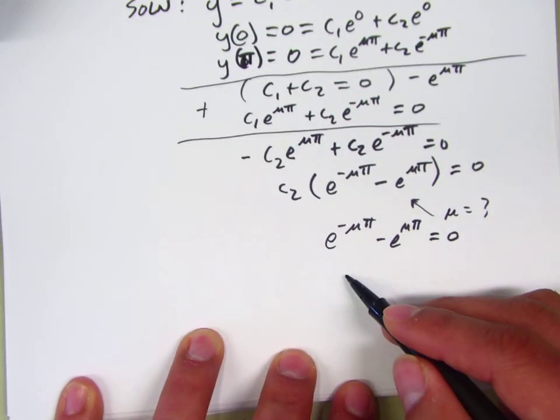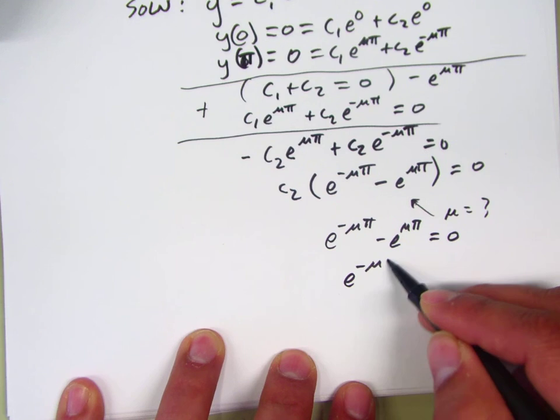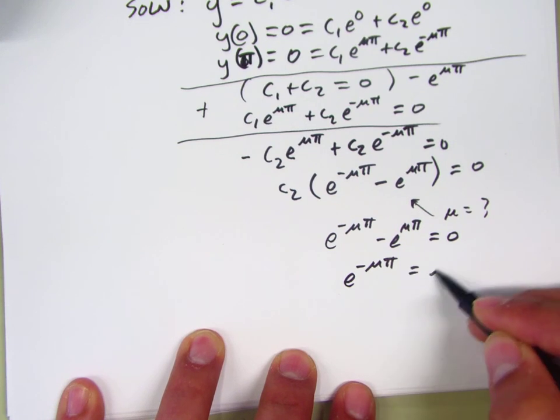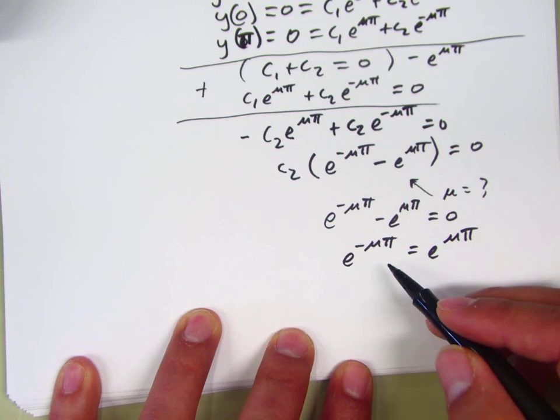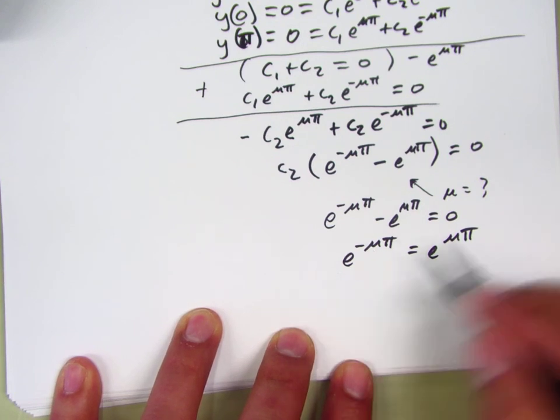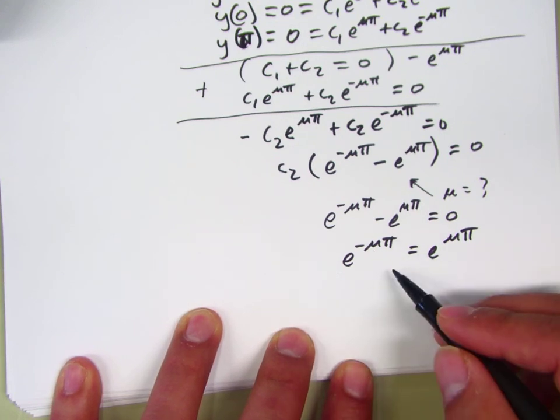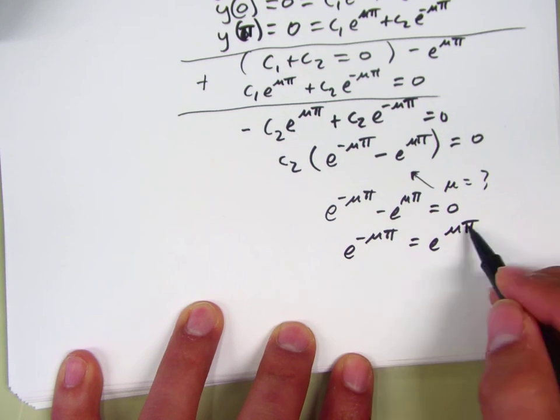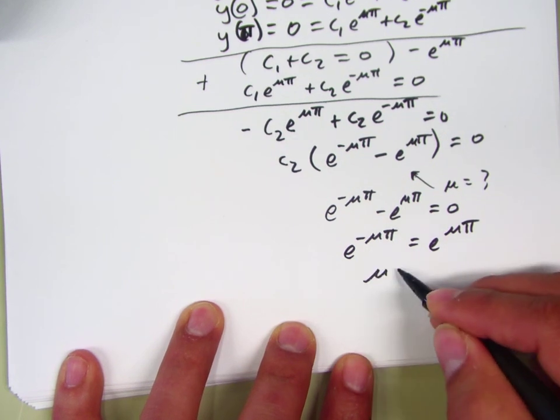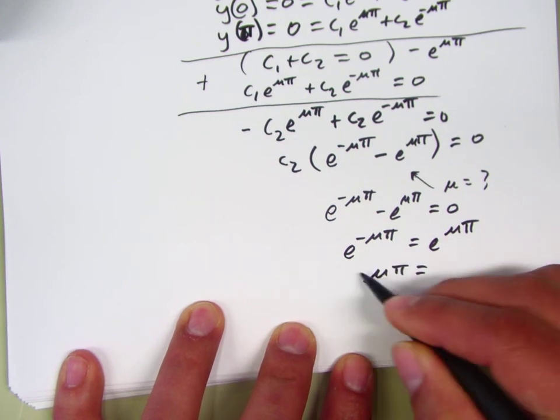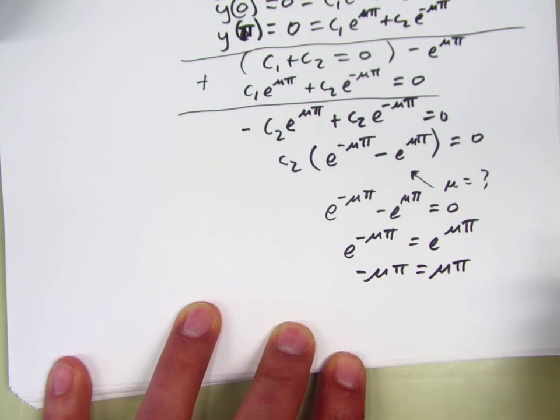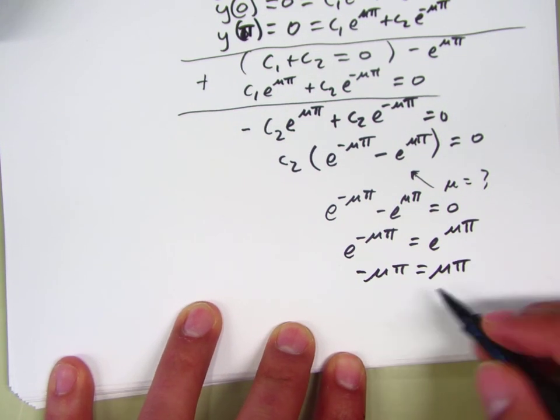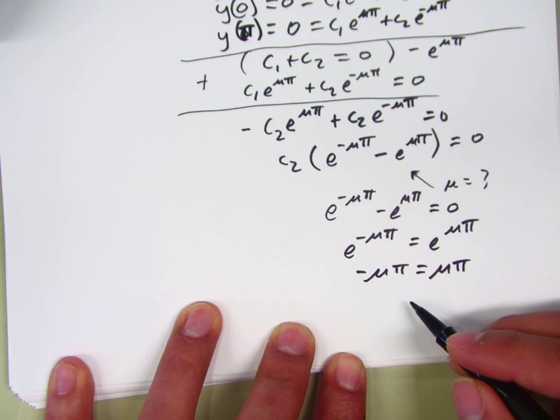Move some things around. If we're trying to solve for mu, you could exponentiate both sides, or you can just see right here that these exponents need to be equal to each other, right? So this means what? How is this going to be true?